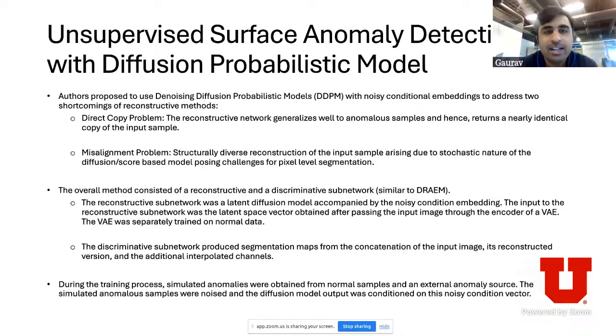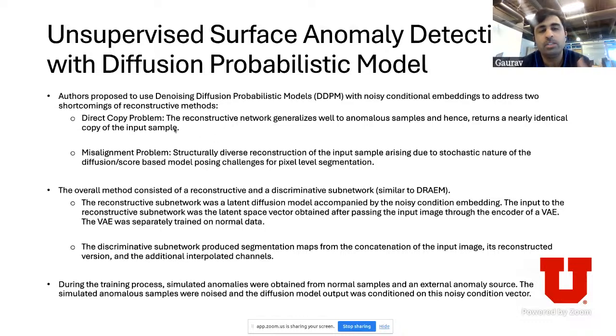So this article is on unsupervised surface anomaly detection with diffusion probabilistic model. In this particular case, the authors basically propose to use denoising diffusion probabilistic models with noisy conditional embeddings to address two shortcomings of reconstructive methods. One is the direct copy problem, where the reconstructive network generalizes well to anomalous samples and hence returns a nearly identical copy of the input sample.